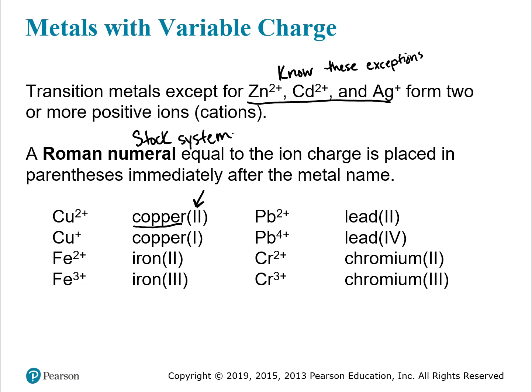So here are some examples of transition metals and other metals in general that have more than one charge. So copper can be 2+, it can be 1+. So you're going to do copper 2 or copper 1. Iron 2+ or 3+. So again, you have to indicate that with the Roman numeral.